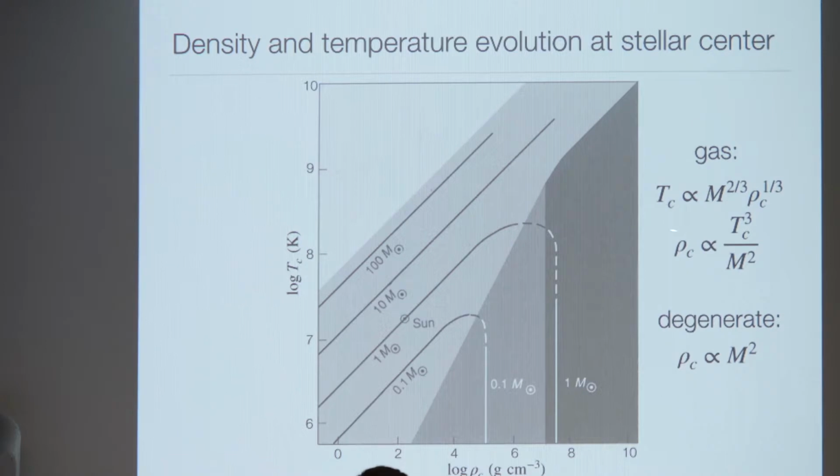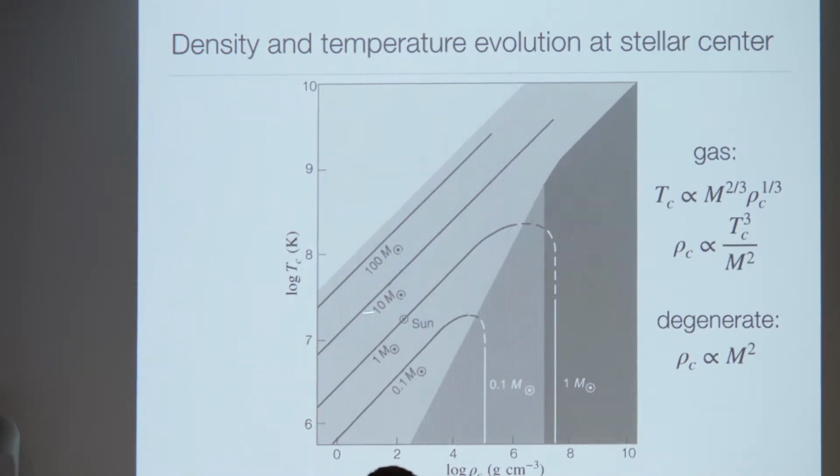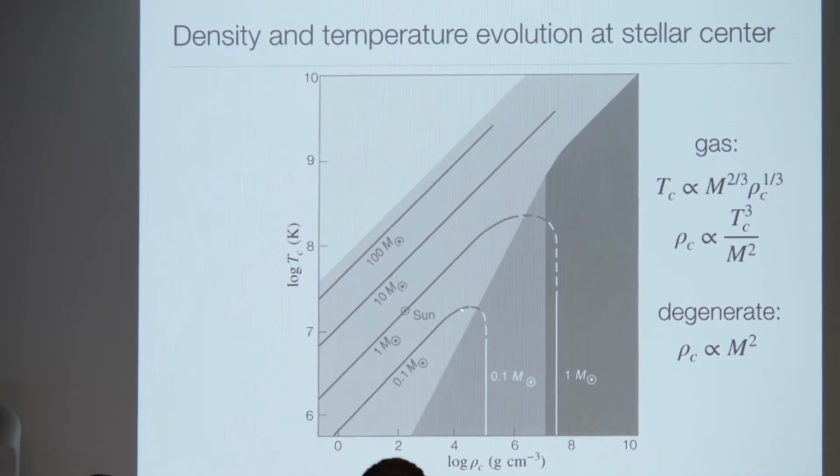If we put in a different mass, then for a given temperature, the density is inversely proportional to mass squared. That means the density gets smaller and smaller as the mass increases for a given temperature.